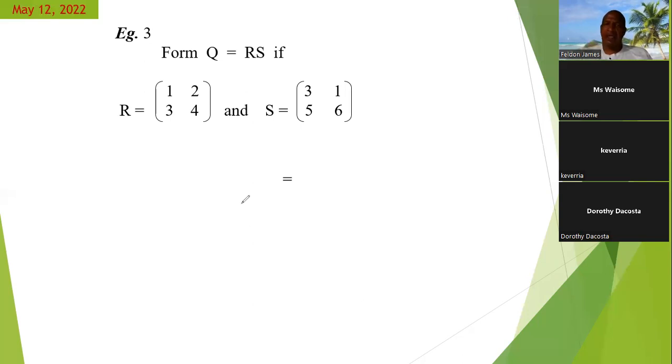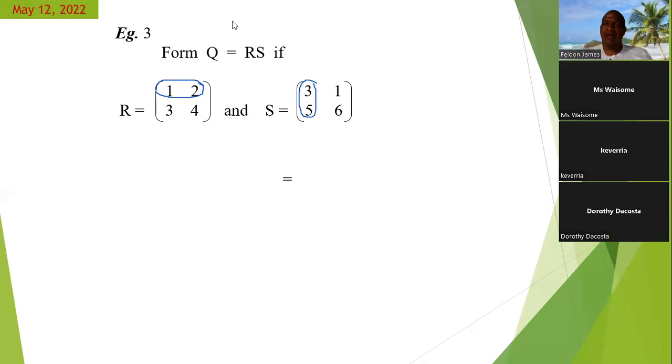So in other words, we multiply rows by columns by multiplying their corresponding elements together, and then add the two of them. So we use the row in the first matrix times the column in the second matrix.